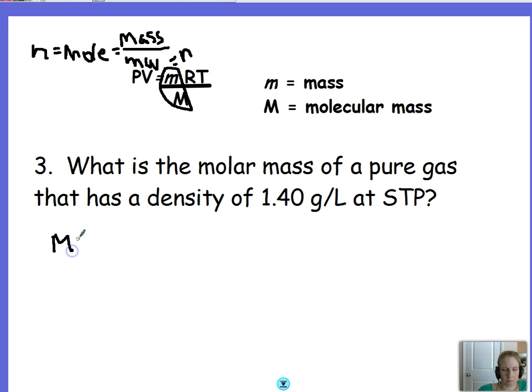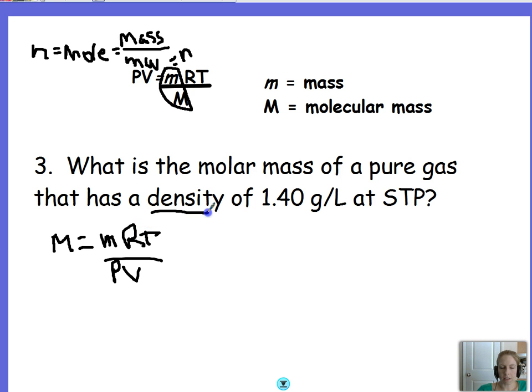Since we made that substitution, we can now solve for the molar mass. So we have M equals mRT over PV. But wait, if we have mass over volume, what does that equal?